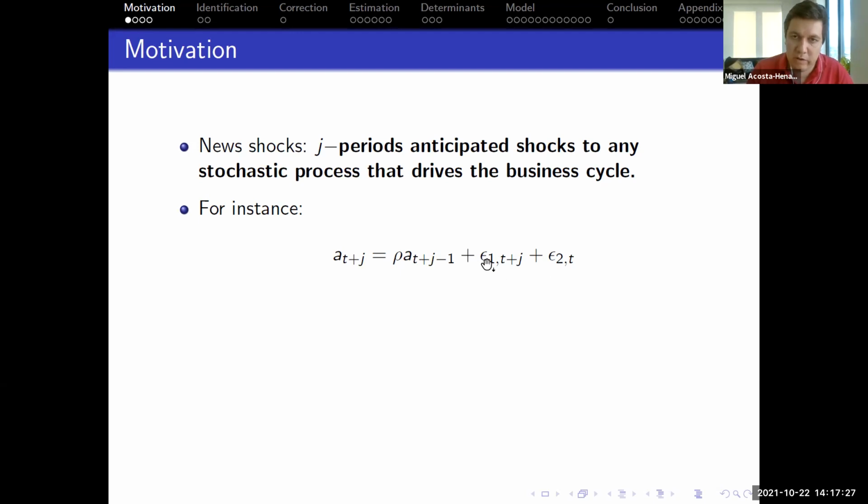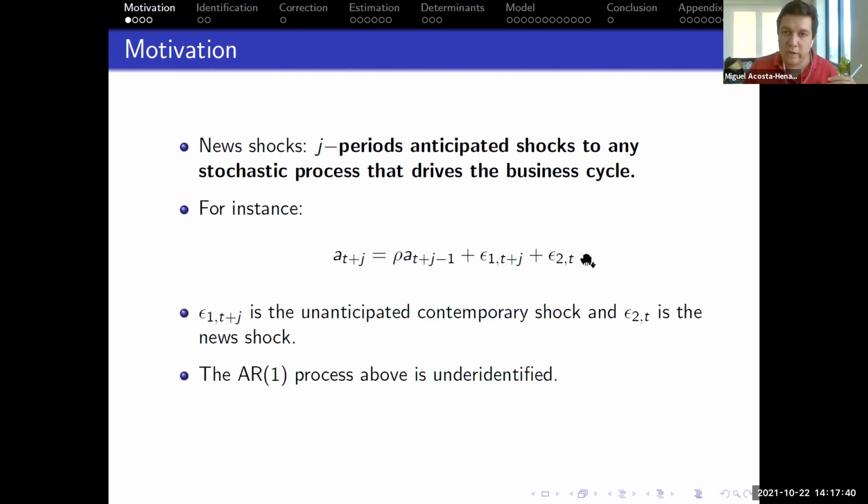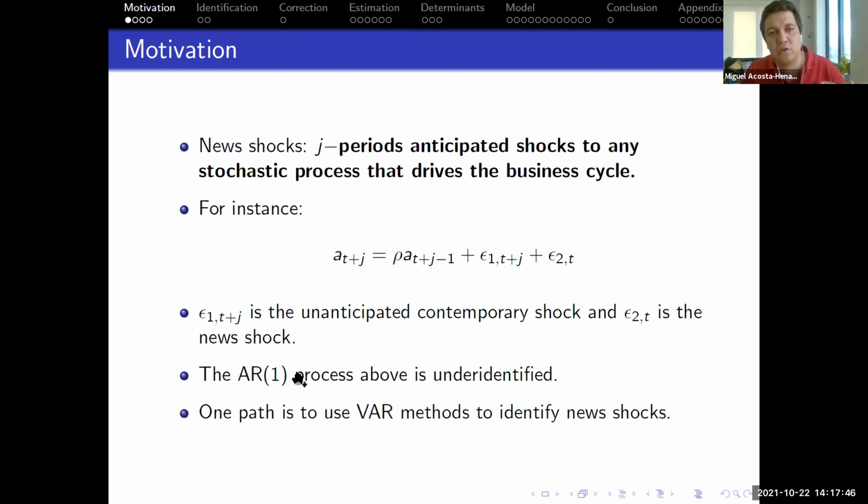Usually we have the contemporary disturbance, but news shocks break it down into different disturbances: the contemporary one at period t+j, and one that occurs j periods before. This is usually not identified in an AR(1) because we only have one time series. So one path to identify these news shocks, which are j-period anticipated shocks to any stochastic process driving the business cycle, is to use VAR methods.